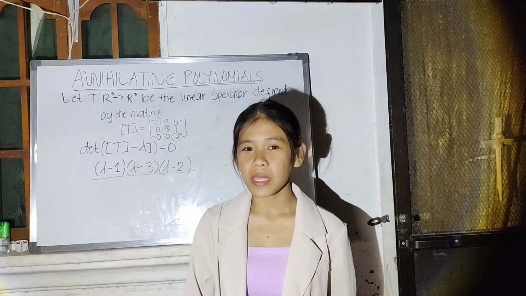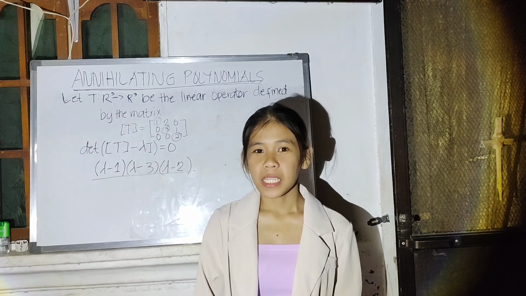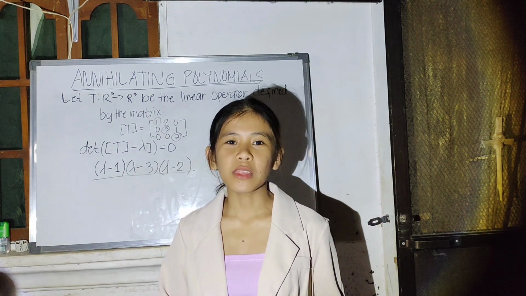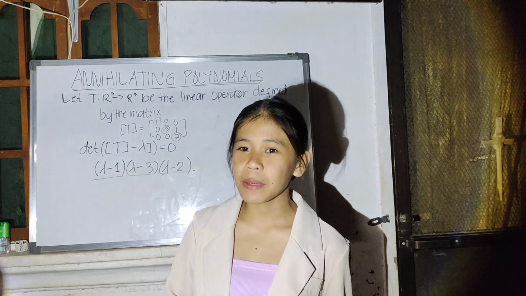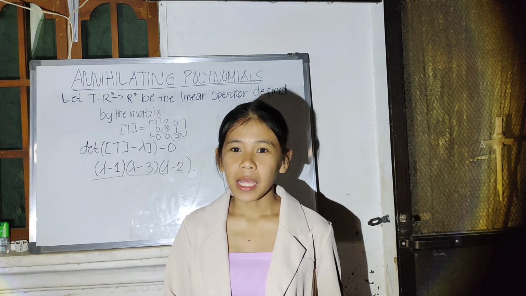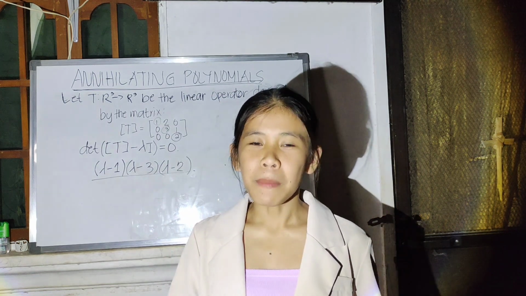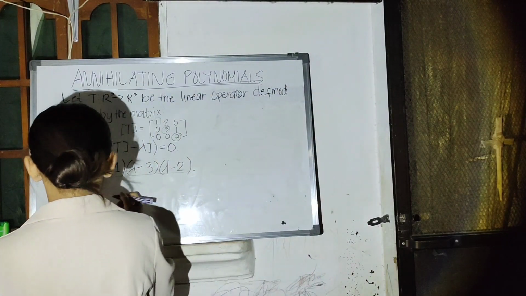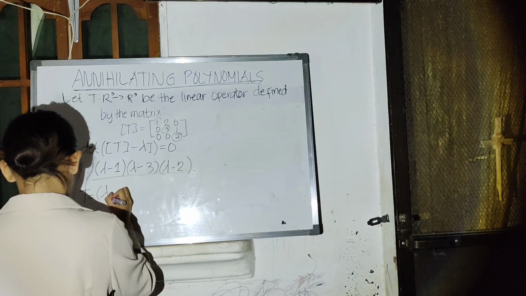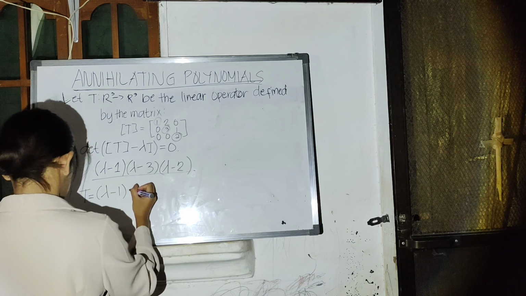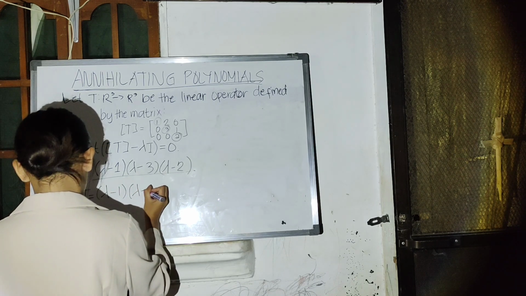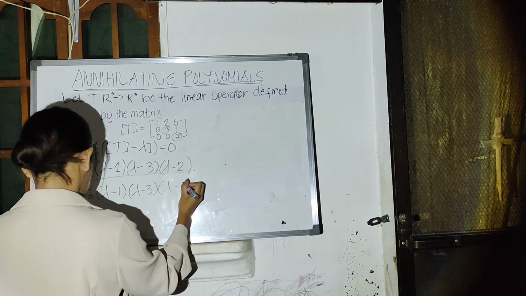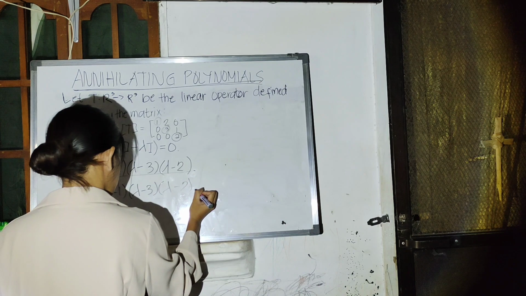Next, we are going to find the minimal polynomial. In finding our minimal polynomials, we need to factorize the characteristic polynomial. So, the minimal polynomial for T is the same.